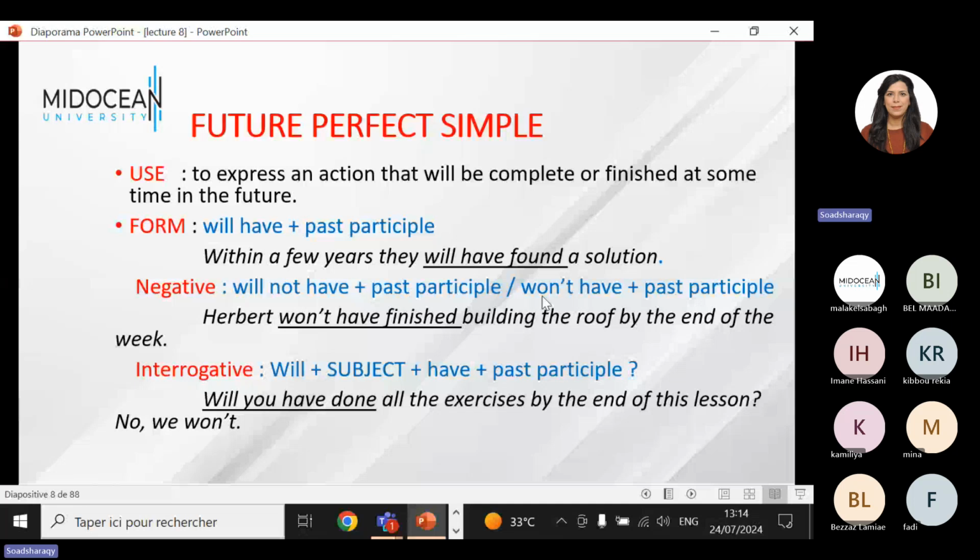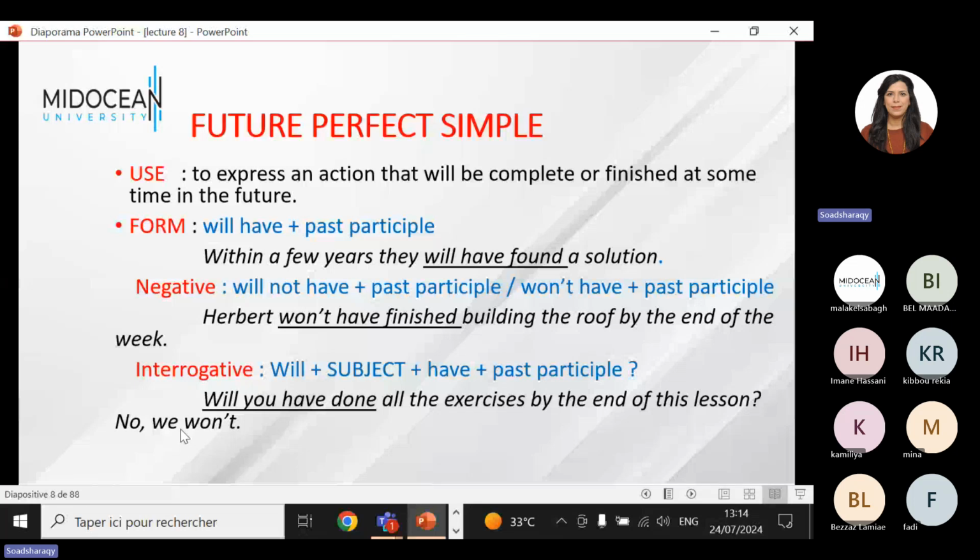The interrogative form of the future perfect simple is will plus subject plus have plus past participle of the verb. Here the example. Will you have done all the exercises by the end of this lesson? No, we won't.